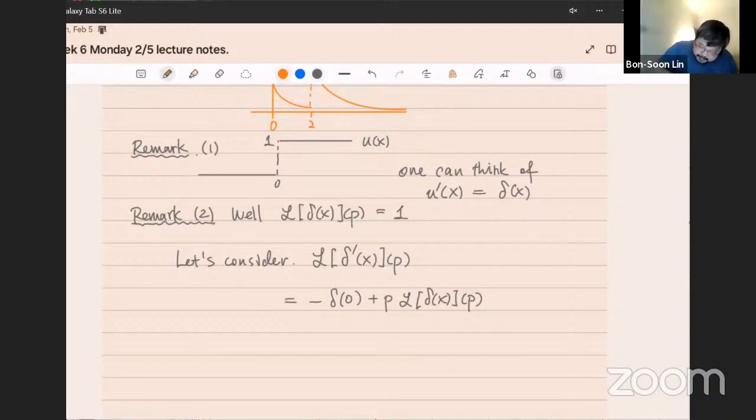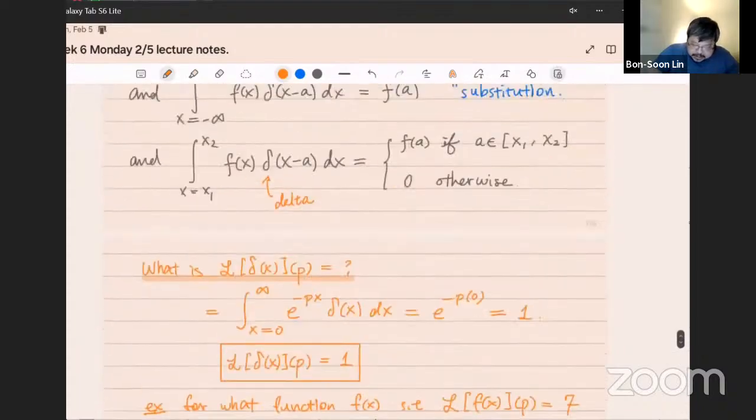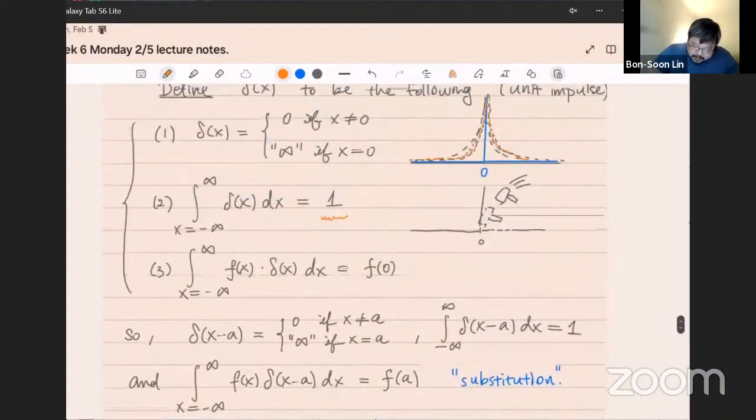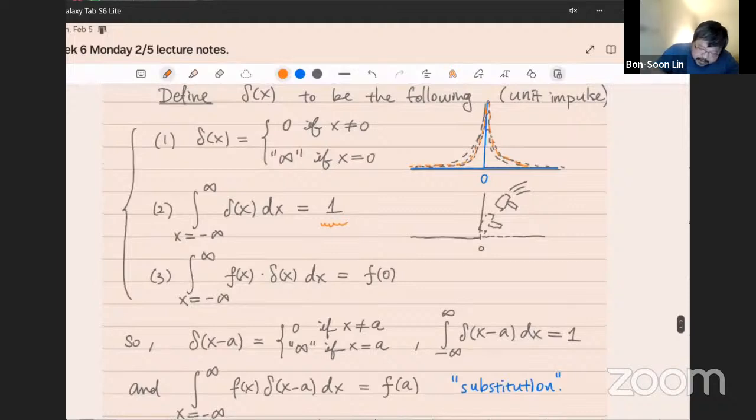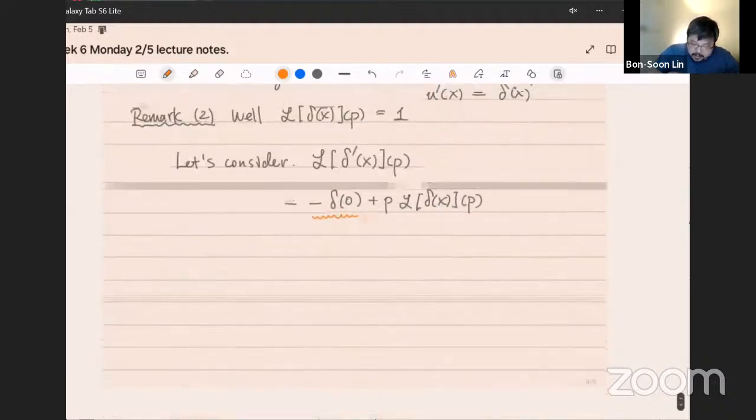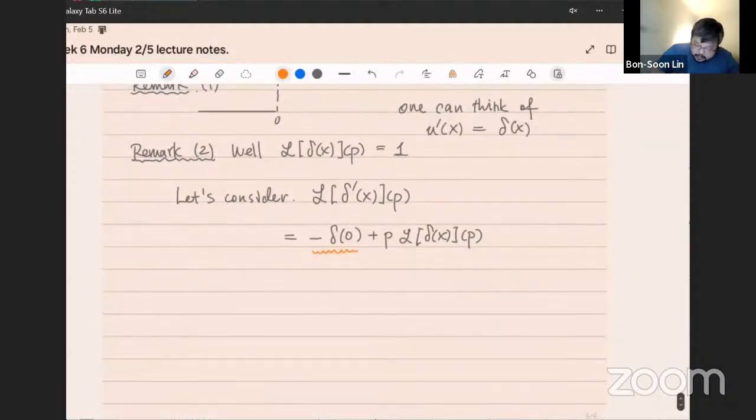Immediately, we have a problem. What the heck is minus delta of 0? Well, earlier, didn't we define delta of 0 as "infinity"? But notice I put quotes around this infinity. It means that it's not really infinity, it's ill-defined. And the mathematicians' way of dealing with this is, we're just going to ignore it.